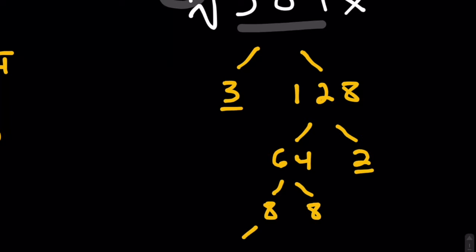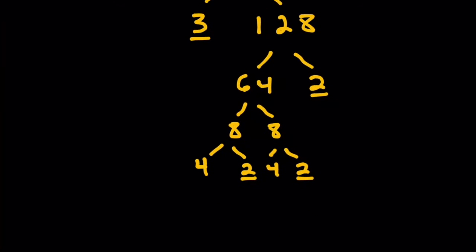That was easy, right? And then 8 is 4 times 2, prime. 4 times 2 again. Continuing, this is a long factor tree. We have 2 times 2, both of those are prime, and 2 times 2.